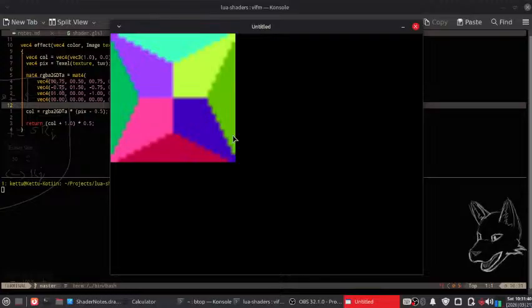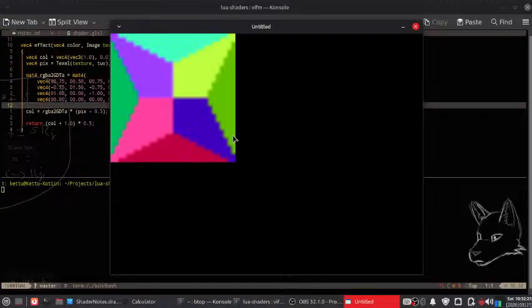Because I know for a fact that I'm messing something up. Something is incorrect here. Something is not right. And it's really difficult to figure out the color space. I might end up just writing, because white should be white.